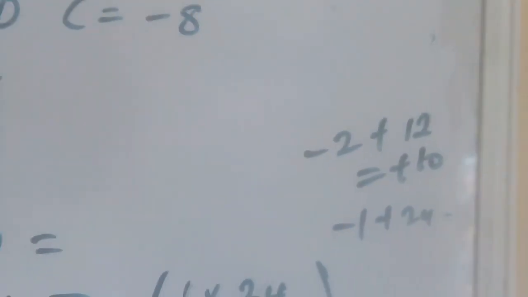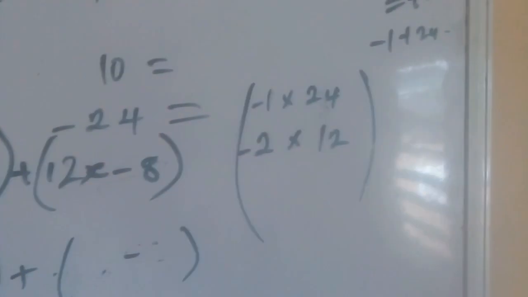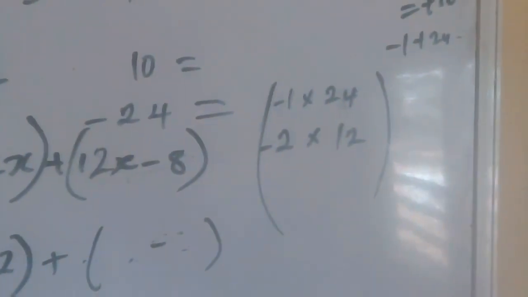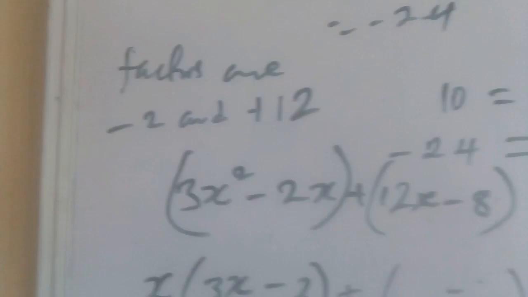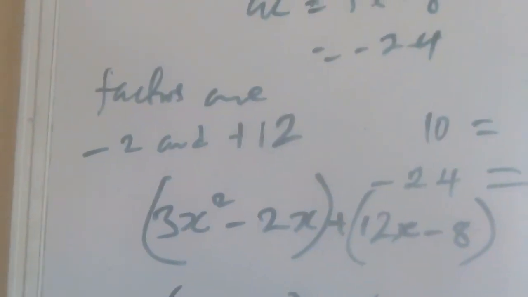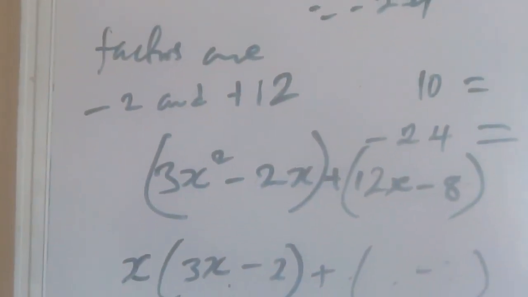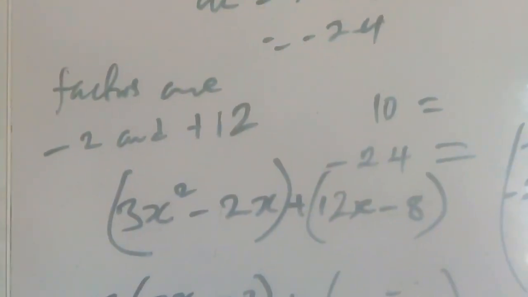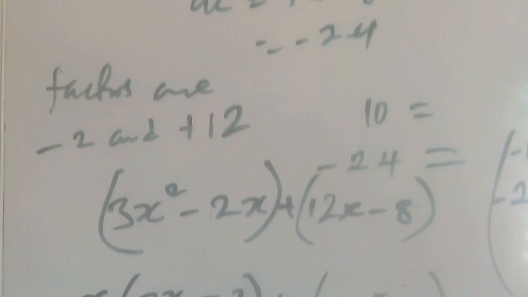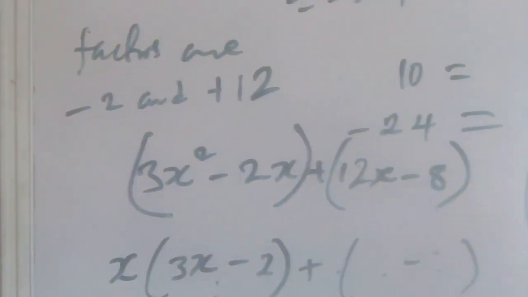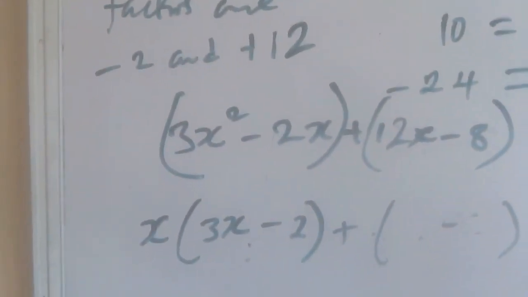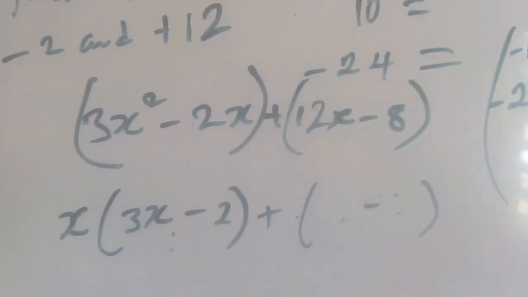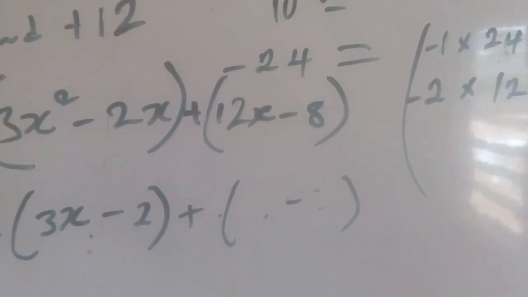So you can see now that the factors are not minus 2 and 10, it is minus 2 and plus 12. So we split this plus 10x into minus 2x plus 12x. So factorizing this first bracket, we have x, 3x minus 2. We are factorizing 12x minus 8.